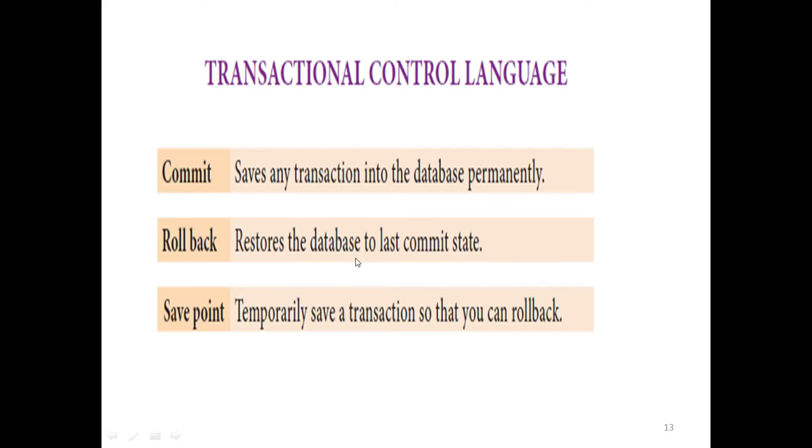If a correction is needed, the previous state can be restored with the help of the rollback command. Savepoint temporarily saves a transaction so that you can roll back. If you temporarily save the database, you apply the savepoint. Don't worry, we learn it in the practical session. Commit, rollback, and then savepoint.